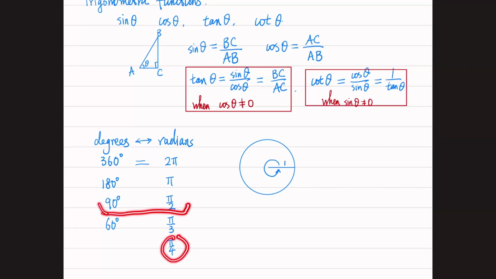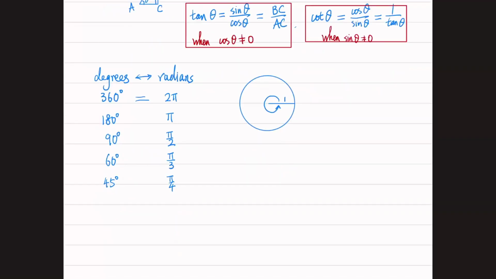So it's 45. Yes. Pi over 6. Aaron, 30. Okay, so these are the frequently used radians.